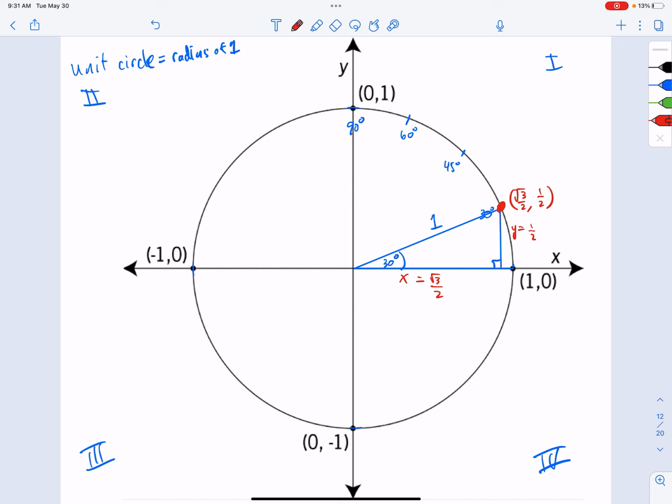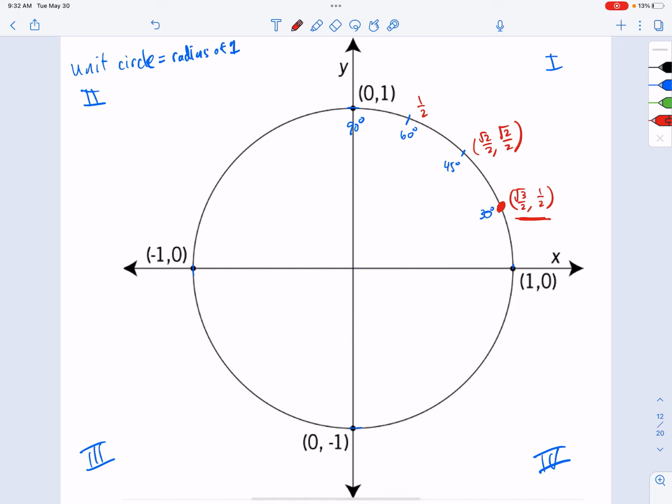Okay, so I'm going to clean this up a little, do some erasing so that we can see this more clearly. Okay, so the coordinates at 30 degrees are root 3 over 2 and 1/2. I could do this in the same way all the way around the circle. The coordinates at 45 are root 2 over 2 and root 2 over 2. And then at 60, the coordinates at 30 degrees are just reversed.